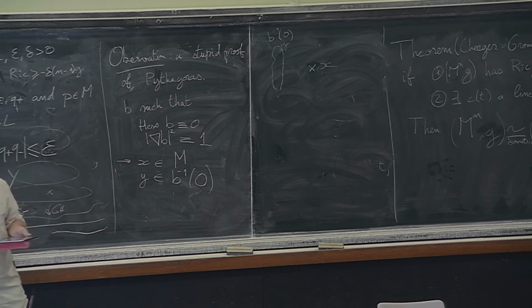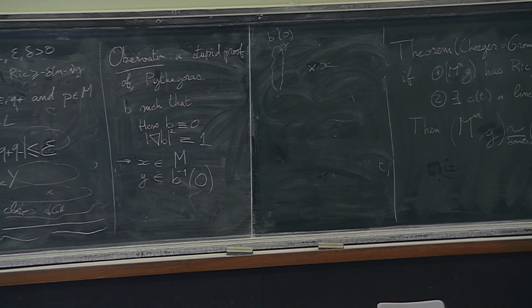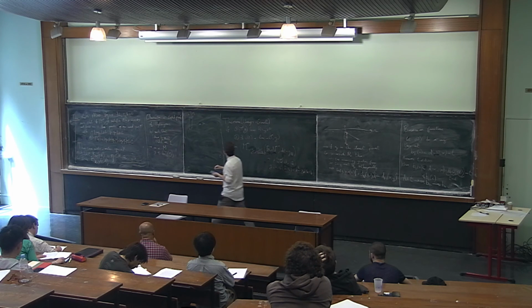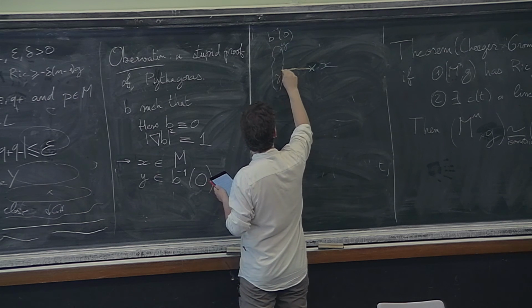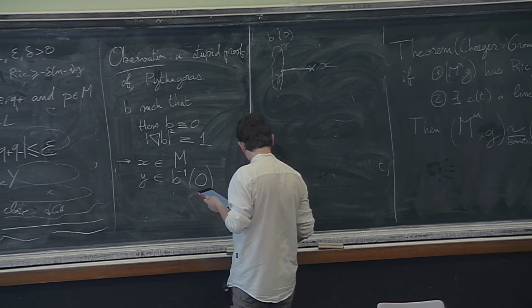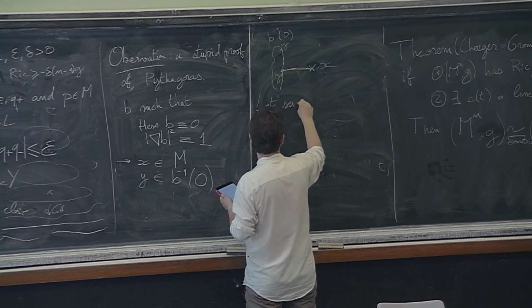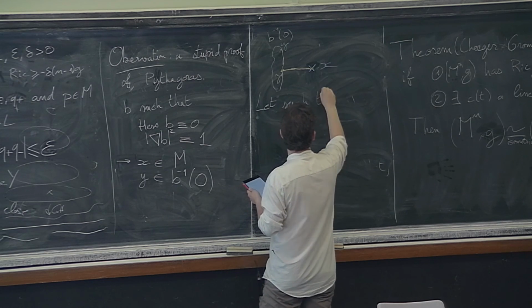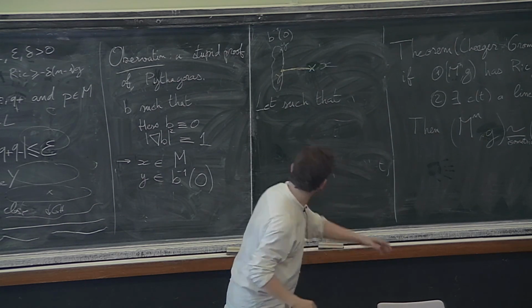Now, I want to show that there is some kind of distance structure that we can take. So let Z be such that, well, so what's going on?